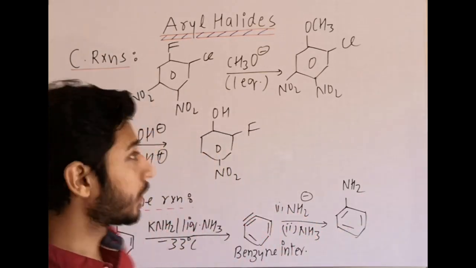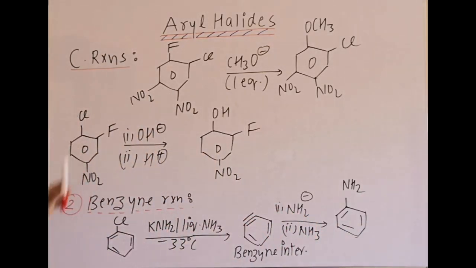Okay? Then the next example. Now in this next example you can see only one NO2 is present. This NO2 is at the para position with respect to the Cl carbon, and with respect to fluoro it is at the meta position. Now we know that in the Ar-SN reaction, the electron withdrawing group should be at the ortho or para position.